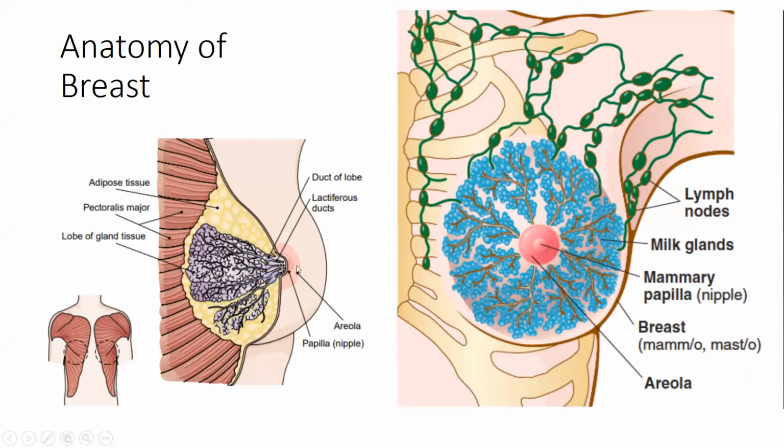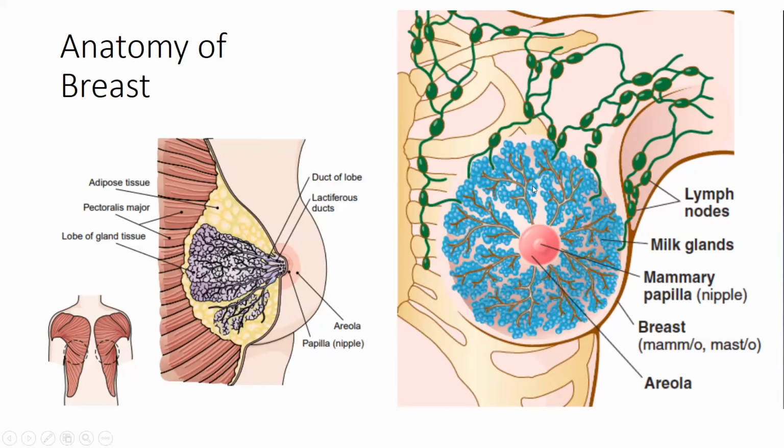We will not study the structure of the breast at present, but the function of the breast is to produce milk for the newborn, for the baby. We will study it in detail, because you might have studied that breast cancer is the commonest cancer in females.